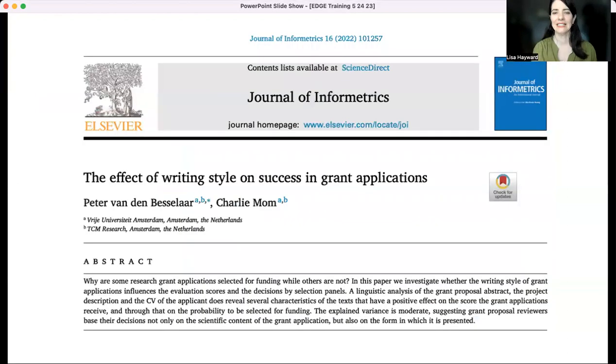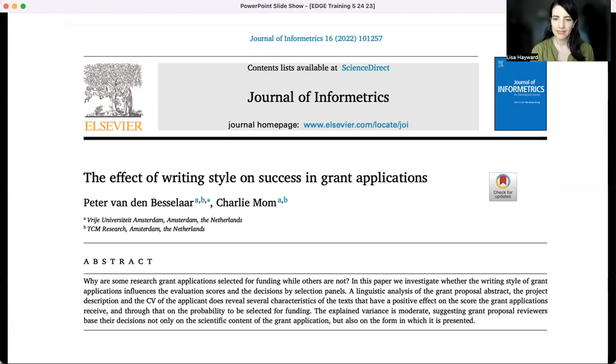And then finally, I'm going to end on this funny bit of research. I suspected that using more accessible language would increase the success rate of grant applications. I did a little search of the literature. I didn't find very much, but I did find this paper showing exactly the opposite.